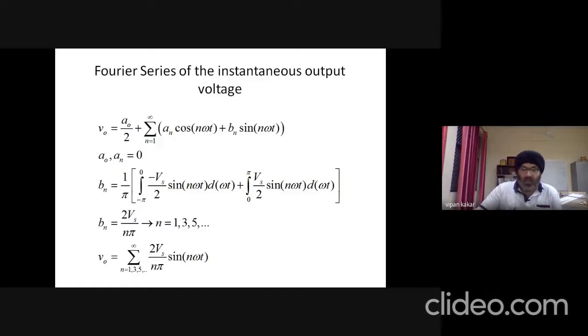So the output voltage is now a summation, because the DC component is 0 and the cosine component is also 0. So we are remaining with only the sine component. So this is the value of Bn, these coefficients. So Bn multiplied by sine n omega t. So this will be our output voltage, which is a sum of all these components.